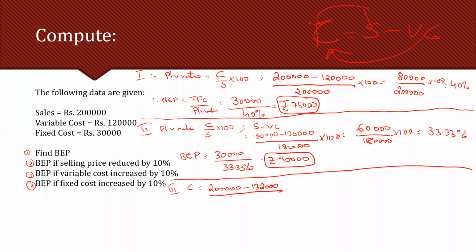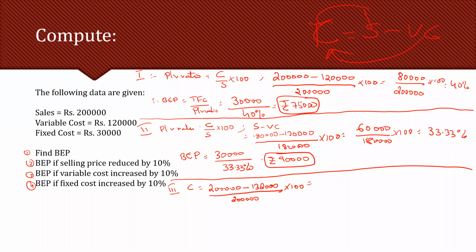PV ratio is contribution by sales. What is the sales volume? 2 lakh, into 100. 2 lakh minus 1,32,000 will be the contribution.